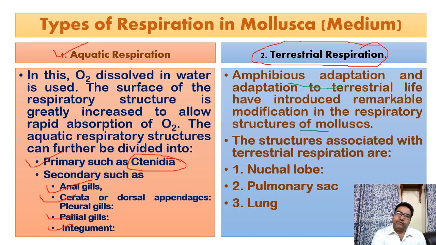Earlier they were only in the water, having only the aquatic mode of respiration, but later on, due to evolution, they also switched to the terrestrial mode of respiration, which is helped by certain organs such as the nostril lobe. We do have the pulmonary sac, we do have the lungs. These pulmonary sacs or the lungs, and the nostril lobe, act as the organs of respiration on the land.